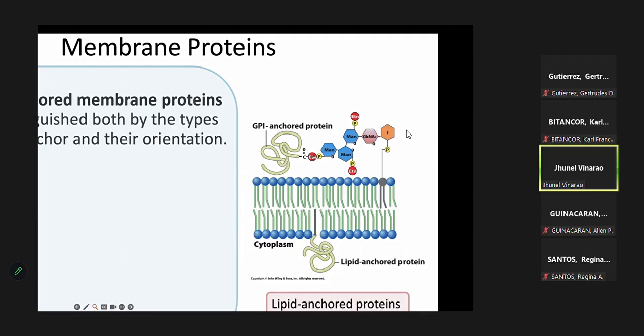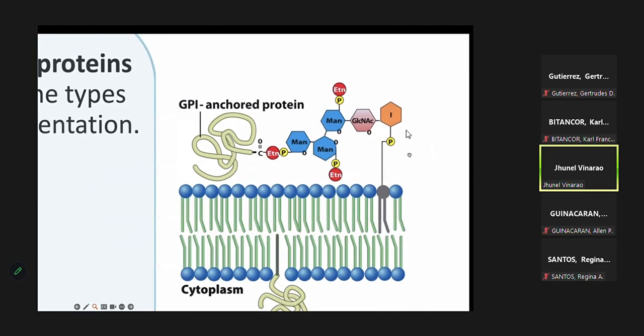Here we have phosphate, mannose, N-acetyl glucosamine, inositol phosphate, and the lipid. The bonding between this protein and this lipid is covalent, so the incorporation of the GPI anchored protein into our lipid is very strong.